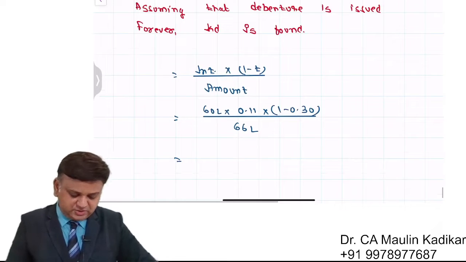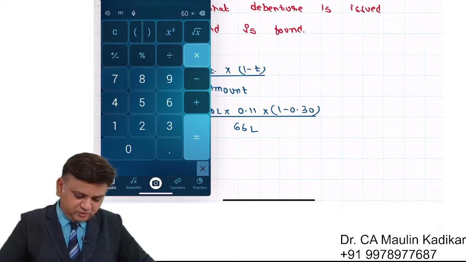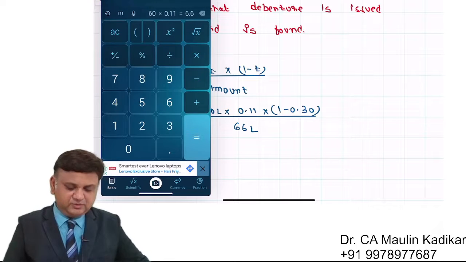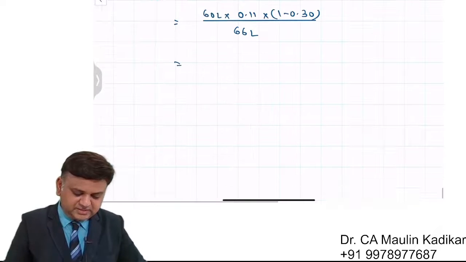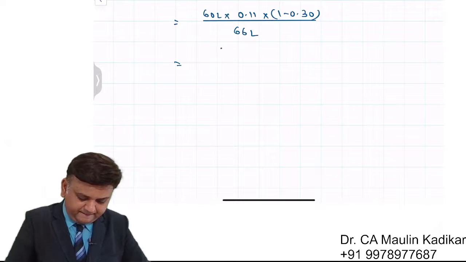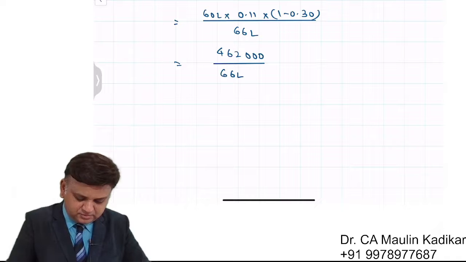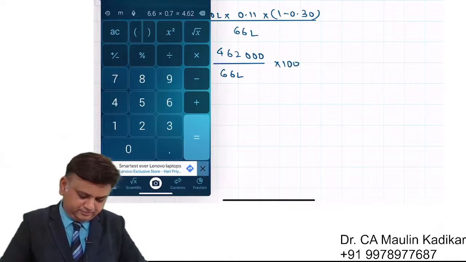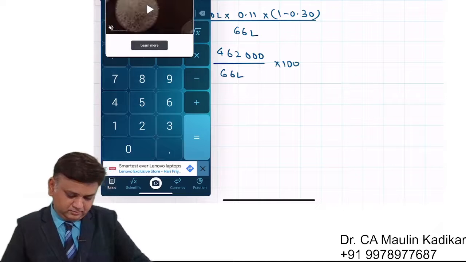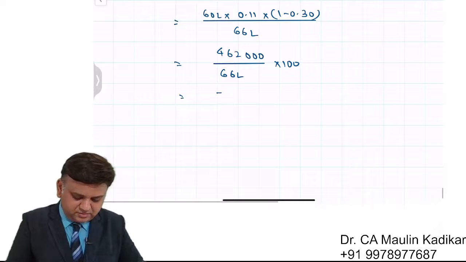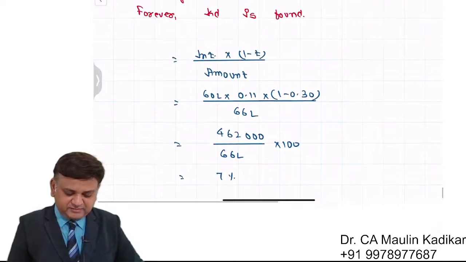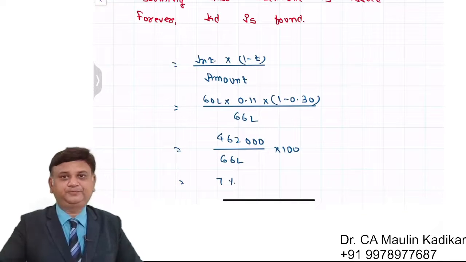So what will happen, dear students? 60 lakhs into 11% comes to 6 lakh 60,000, into 0.7, that is 4 lakh 62,000, divided by 66 lakhs into 100, that comes to 7%. So KD is 7%. Write down the answer.